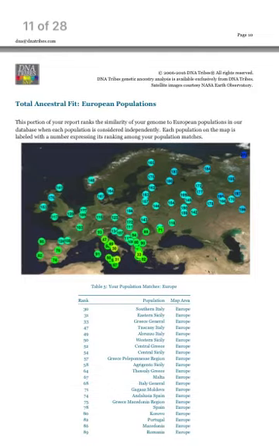And then we get down to the total ancestral fit, European populations. This is the part that I had asked the question to DNA Tribes about, because I didn't understand why my top population was not Egyptian Copt, nor was it even Egyptian.